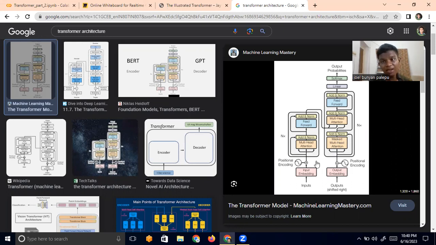So the output of one encoder is going to be the input of the next encoder. In the same way, the output of one decoder is going to be the input of the next decoder, and then we're going to optimize all of them by backpropagation. Don't worry about that.